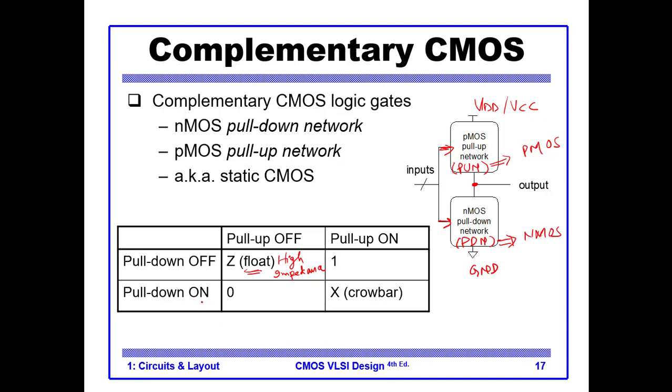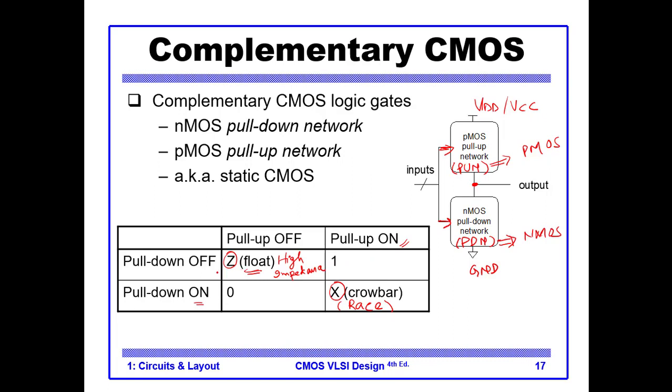Now the second scenario is this one at the corner. Let's say this is on and this is on, both are on, then one is driving a high voltage on the output and the other is driving a low voltage on the output. So here we have a race condition. This is called race condition. So we use X for this, Z for this one, and X for this one. And the others are normal cases.